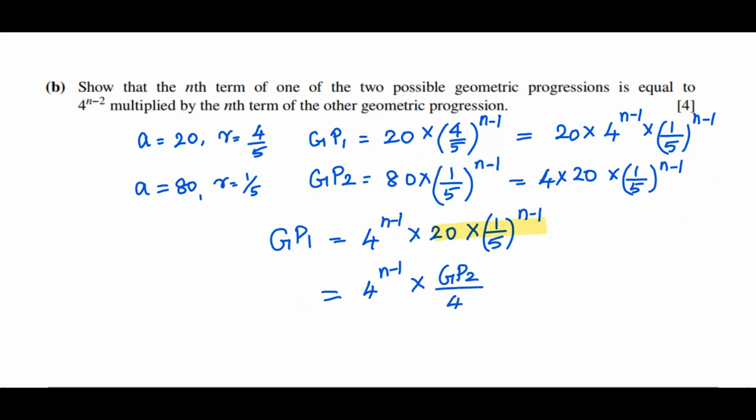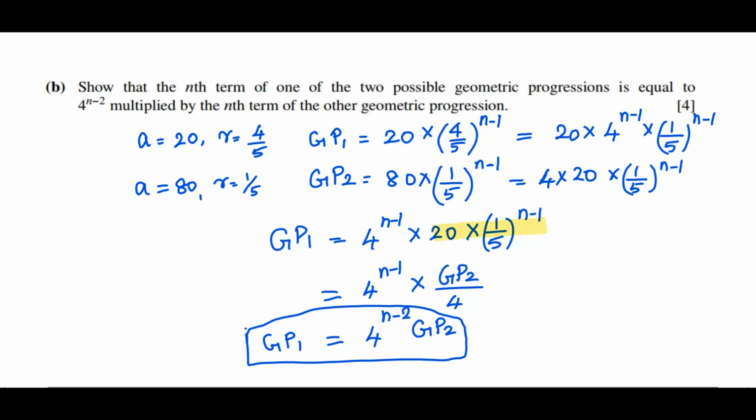When the 4 comes to the denominator, it will be 4 power n minus 2 Gp2. So Gp1, the first progression, is equal to 4 power n minus 2 multiplied by the other progression Gp2. So hence we proved it.